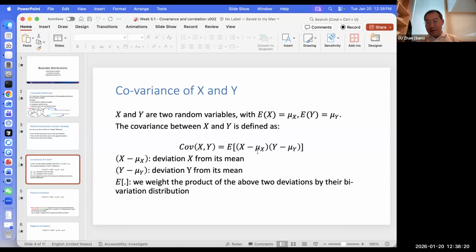Since this is an expectation, we multiply by the joint probability of X and Y happening at the same time. X minus mu x measures how the individual measurement deviates from its mean. Y is the same.